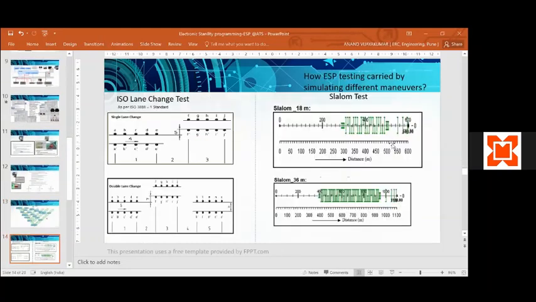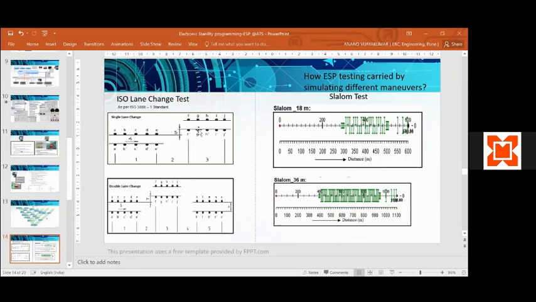So what are all the tests performed in a virtual environment? There are standards that provide the electronic stability programming tests. The ISO lane change is one of the typical test requirements.